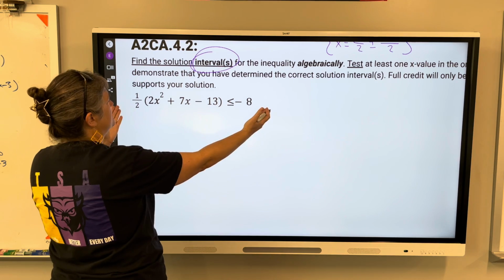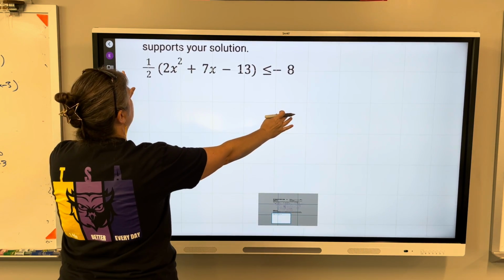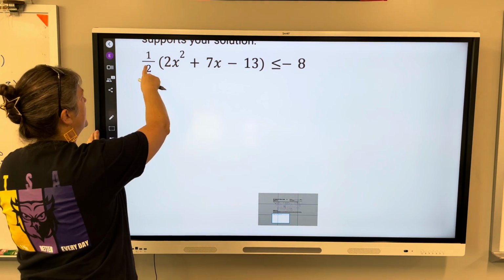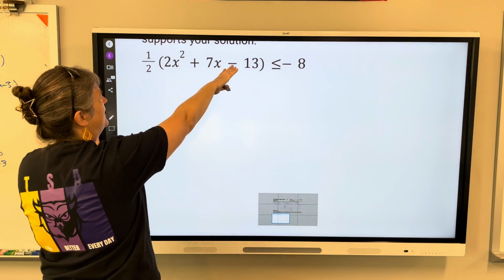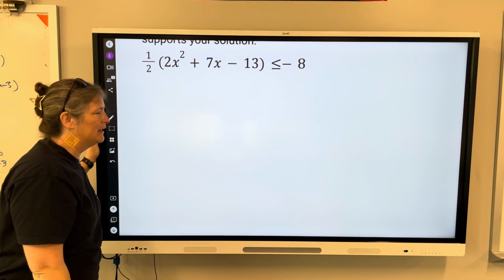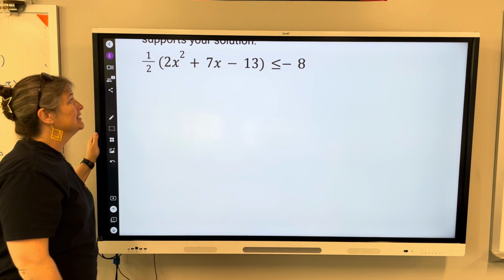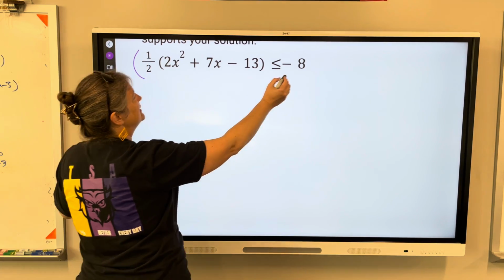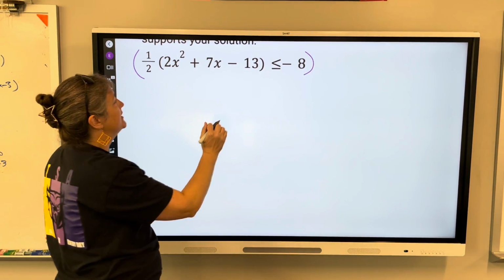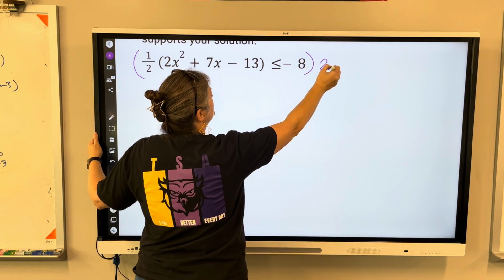So when I look at this inequality, the first thing I notice is that this whole thing is being multiplied by 1/2. And if I distribute it, I'm going to have a bunch of fractions. Blah. So instead, I'm going to get rid of it. I don't like it, so I'm going to multiply the whole inequality. Everything on the scale gets multiplied by 2.